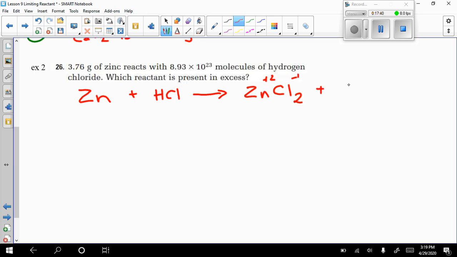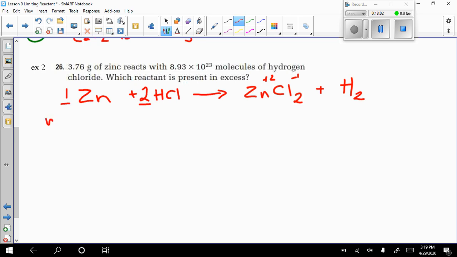And also I know that when hydrogen is on its own, it got knocked out, it's H2 gas. Okay, so there's my chemical equation. Let me quickly balance it. It's usually easy. Sure enough, it's just a 2 there and a 1 there. So just remember that sometimes you may have to write chemical equations.